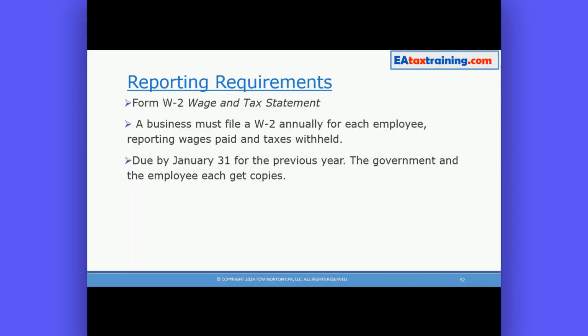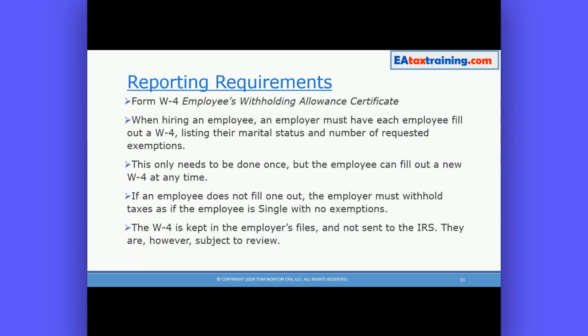And the employee gets their copies and the government also gets a copy. So this way the government knows what the employees received in wages, and then their computers can look for any mismatch. So if an employee doesn't report it on their tax return, then the government's computers will automatically flag it in order to audit that individual for not reporting it.